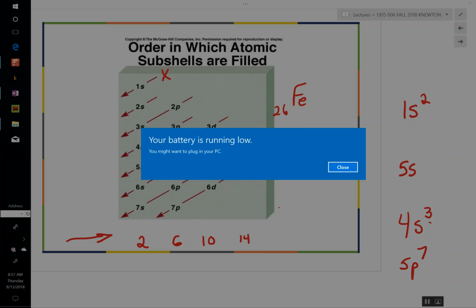I call those the main group elements. Those are a little bit more predictable. When we get into the transition metals, you're going to find, for example, that iron can form 2 different ions, a +2 and a +3 ion. So we have to go another step deeper to start understanding how these things behave.